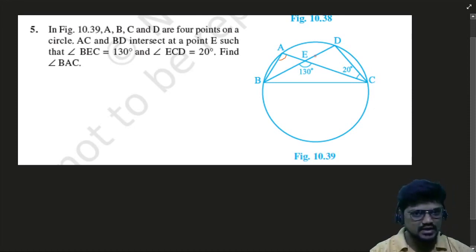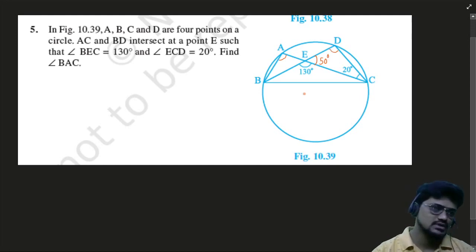can I find this angle? This angle will be how much? If this is 130, because this BEC plus CED, since BD is a straight line, BEC plus CED should be equal to 180. So this angle has to be 50 degrees, yes or no? Yes. If this is 50 and this is 20, so this angle has to be how much? Sum of angles in a triangle is 180. 110.